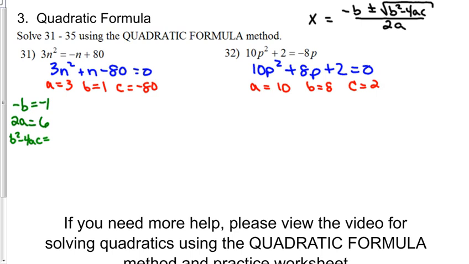We're going to calculate that separately and then throw it into the formula all at the same time. All right, so once we have all of those things, we can go to the quadratic formula.